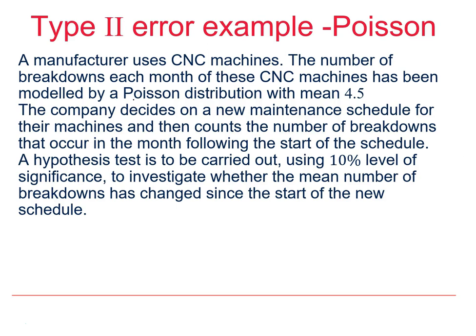We're told we're modelling with a Poisson distribution, and we're given the initial value for our Poisson mean as 4.5, because that's what's been going on in the past. So we're now having a new maintenance schedule. We're counting the number of breakdowns in the month following, and we're going to carry out a test at 10% to see whether the mean number of breakdowns has changed.